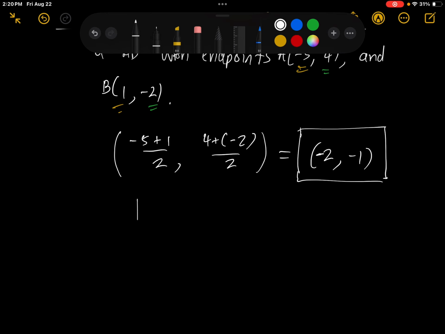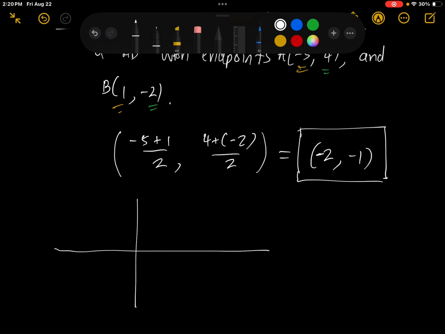By the way, when it says what are the coordinates, you're supposed to give an ordered pair. So it's just parentheses, negative 2, comma, 1. When they say find the coordinates, they don't mean negative 2 and 1 separately.